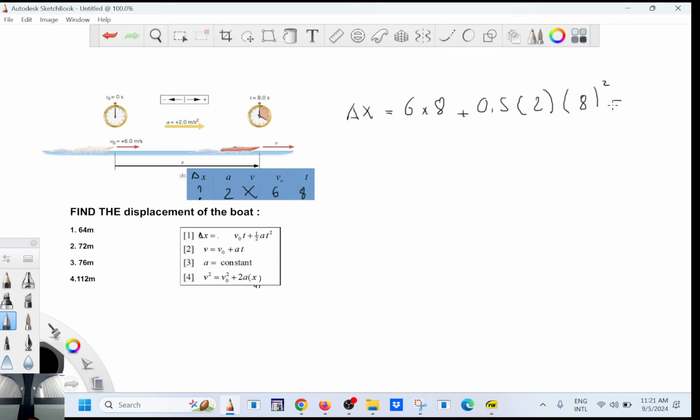What do you get? 112. Okay, so this is equation 1. When you see that, you say 1, right? So delta x equals 48 plus 64. Okay? So you see, it's not that hard.